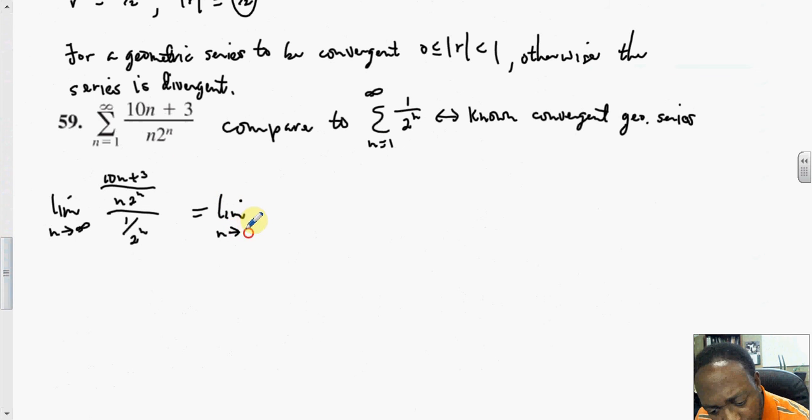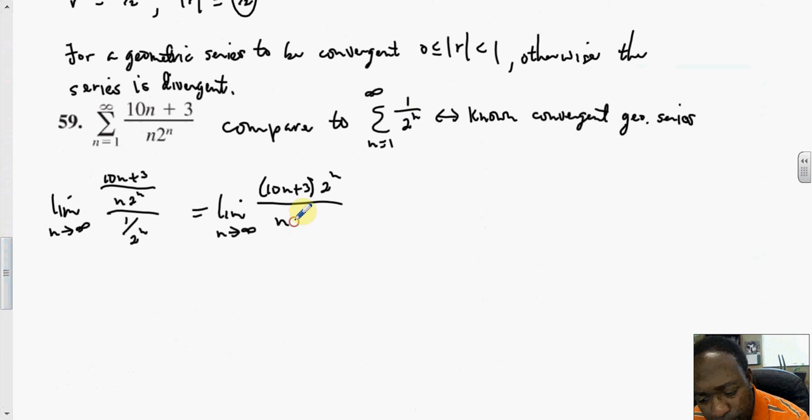This is the limit as n goes to infinity of 10n plus 3 times that 2 to the n, and this is all over n times 2 to the n.